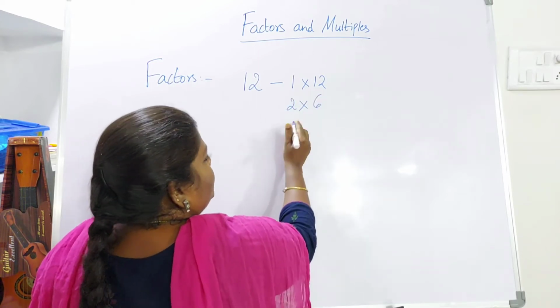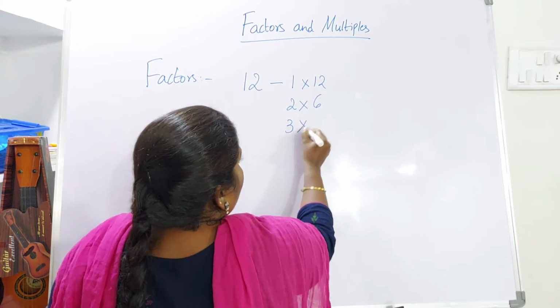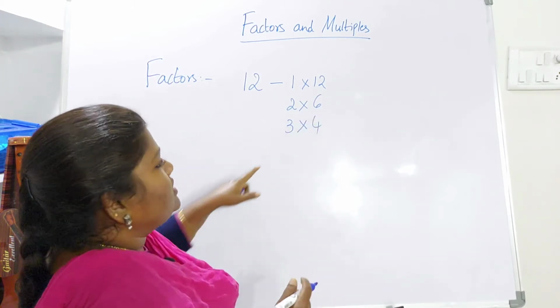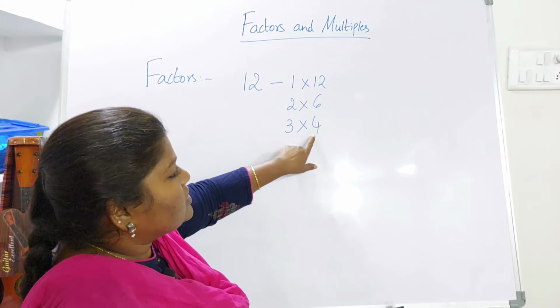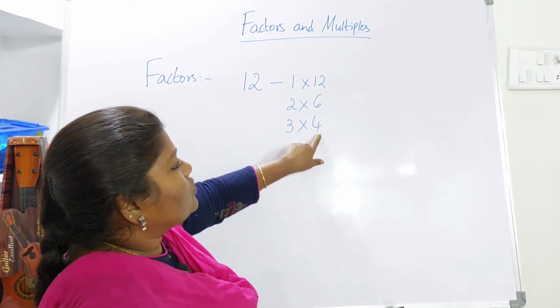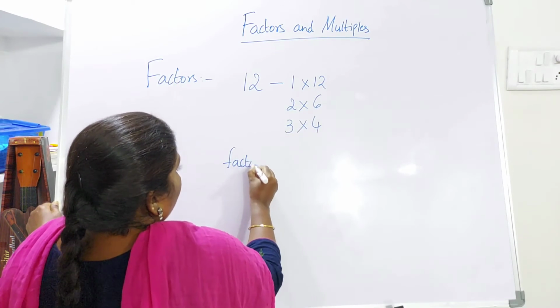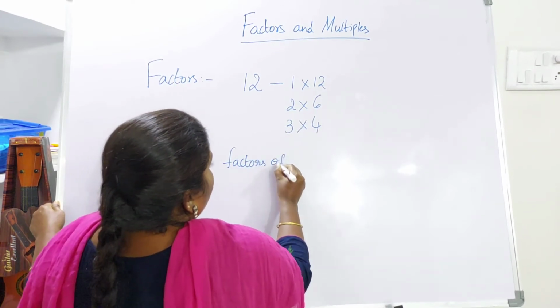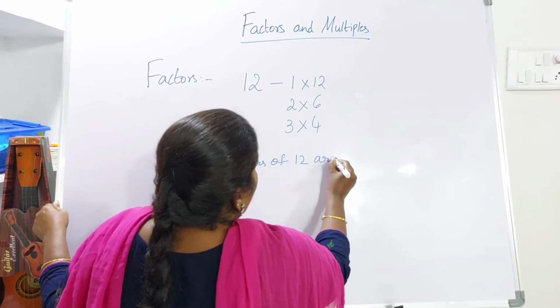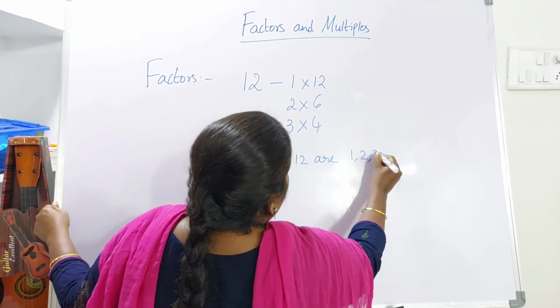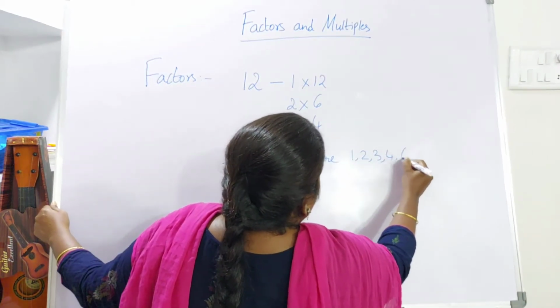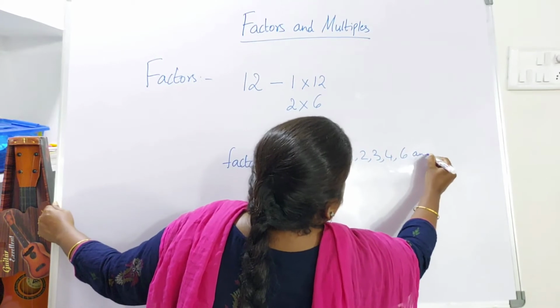Then after 2 is 3: 3 into 4. Now next is 4, but 4 is already over here. So you can stop and write the factors of 12 are 1, 2, 3, 4, 6 and 12.